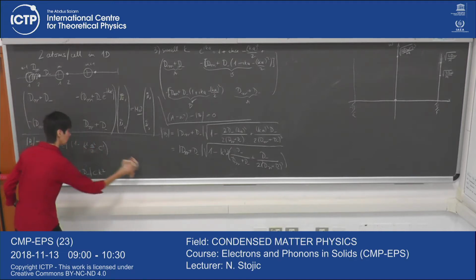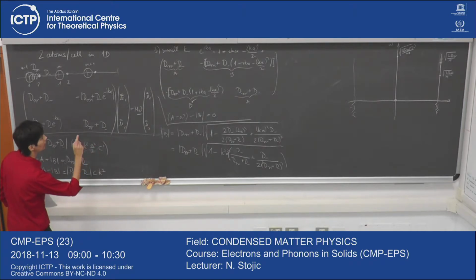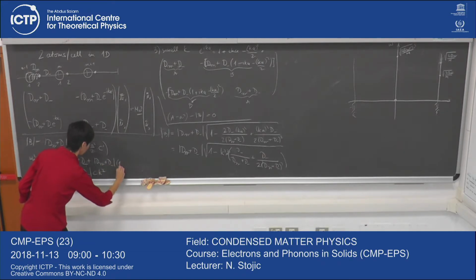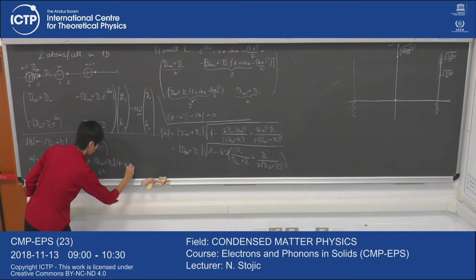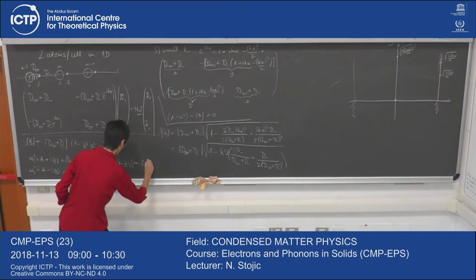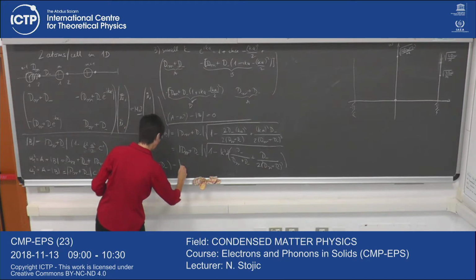Let's go from the beginning. Just correct the first thing. Plus the weak. This is A. Plus strong plus the weak times 1 minus k squared c, which is then equal to 2 minus the strong plus the weak.